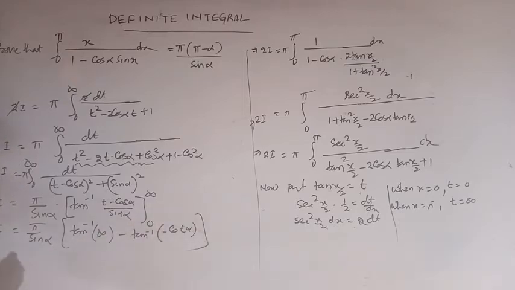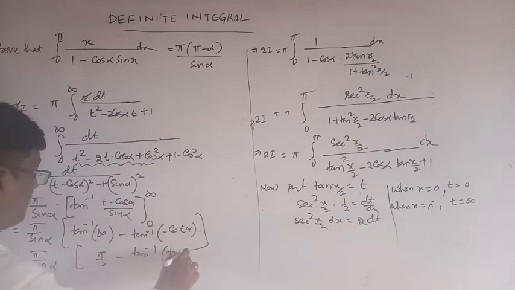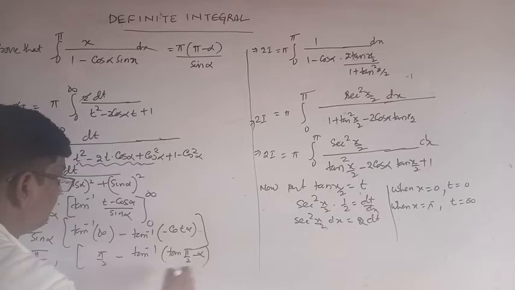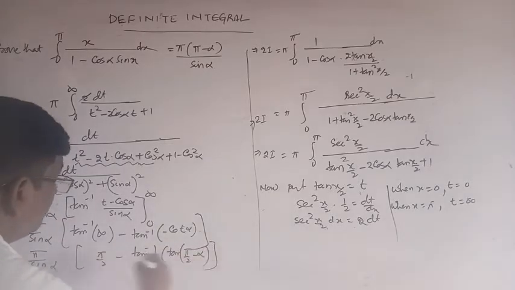So I is equal to pi by sin alpha times (pi by 2 plus tan inverse of cot alpha), and tan inverse of tan (pi by 2 minus alpha) gives pi by 2 minus alpha.